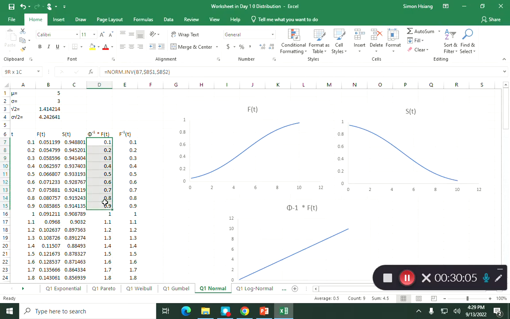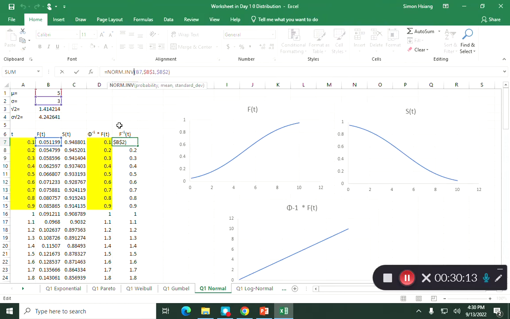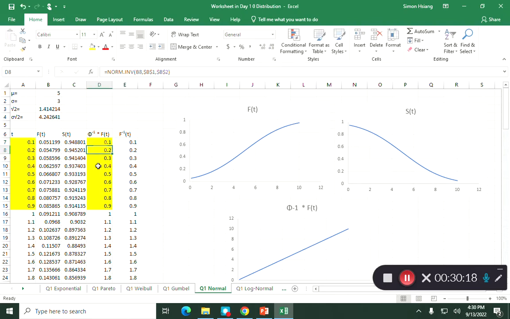So look at this column and this column. If you do it right, they should be exactly the same. The other way to do it is, well, actually these two are the same way.